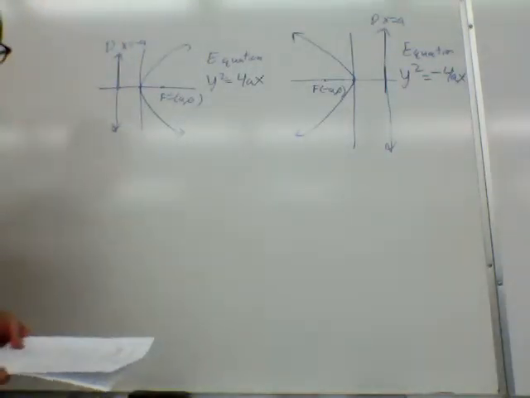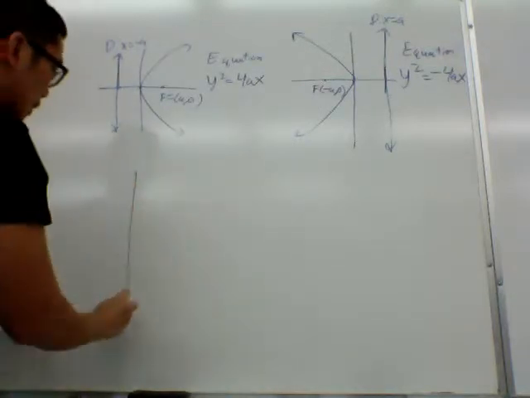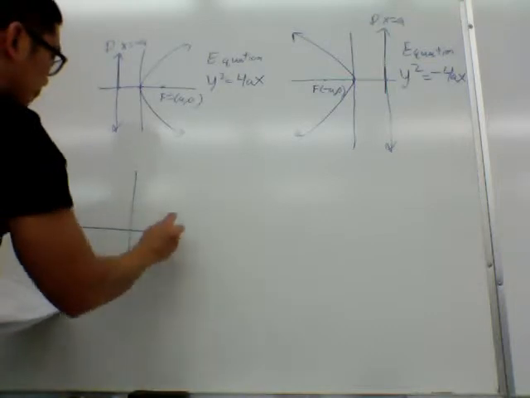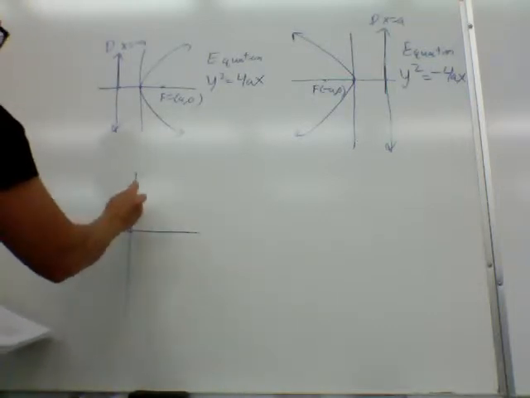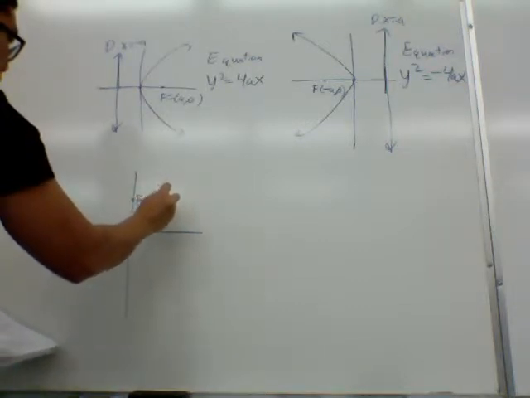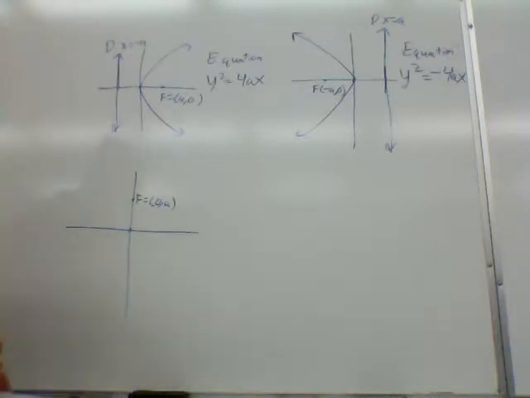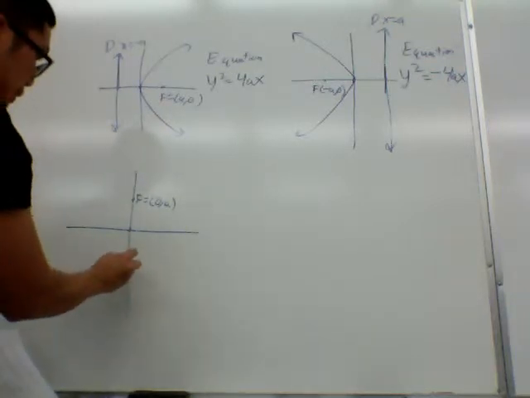Okay. Now let's go ahead and look at the other cases. So here's case 3. Case 3 is where this is my vertex. My focus is at 0, a. So now my focus is above. And my directrix is at -a.